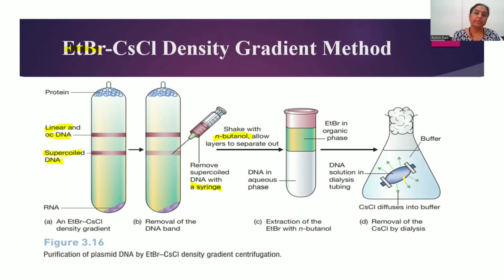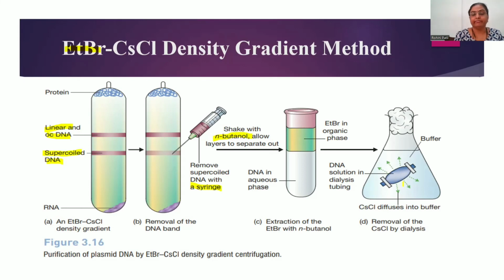Now we remove the dialysis bag, remove the solution, and in this way we get a highly pure form of the plasmids. So the EtBr-CsCl density gradient centrifugation method is the method of choice for highly pure plasmids. These are the two methods according to the conformation.